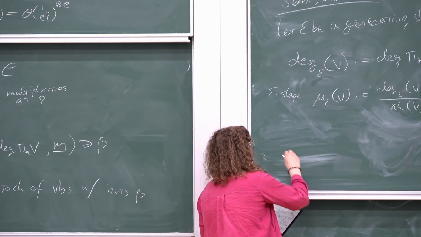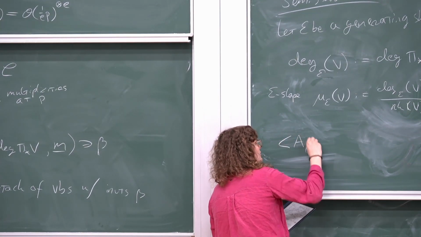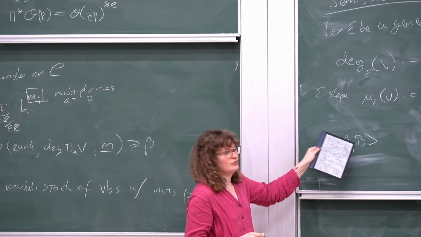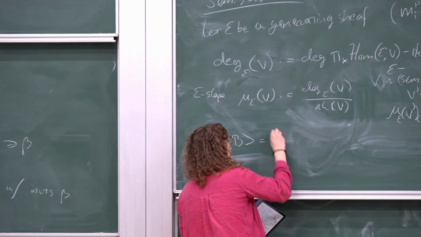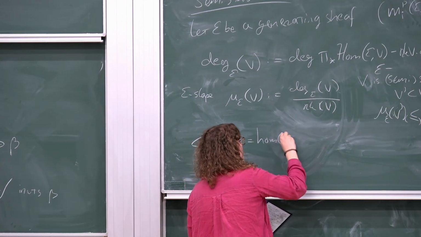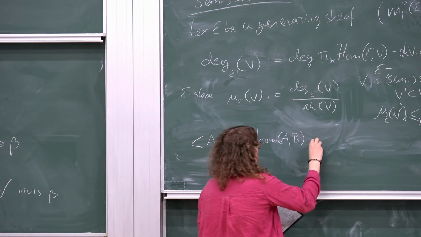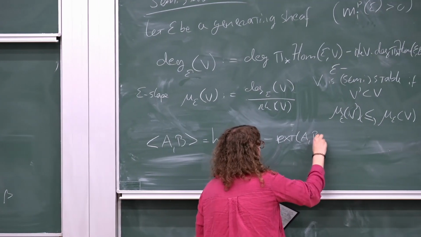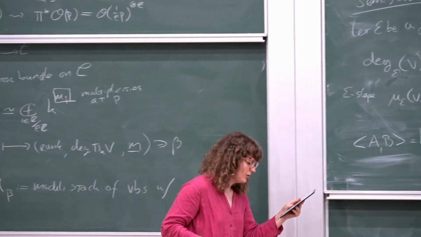Then I'll quickly give some notation. I say the bracket between two vector bundles A and B is from A to B minus x from A to B. Right, this is the thing from Riemann-Roch.